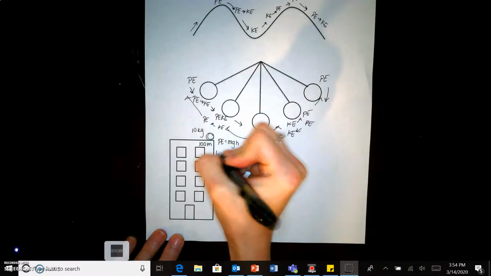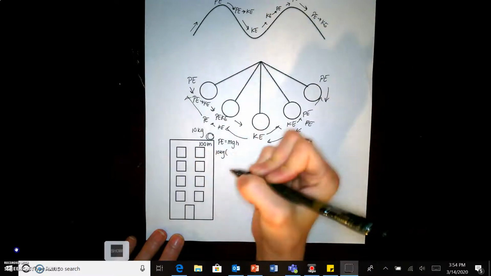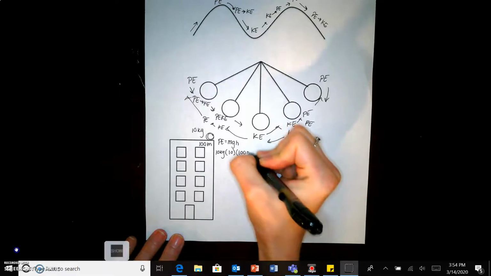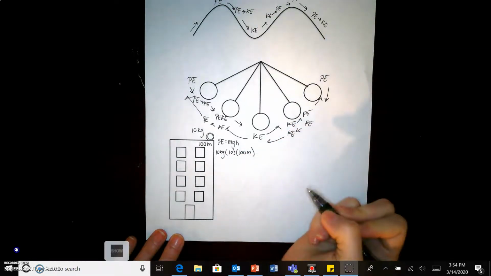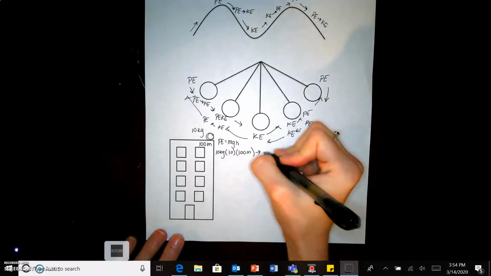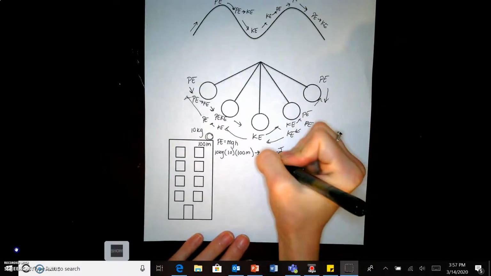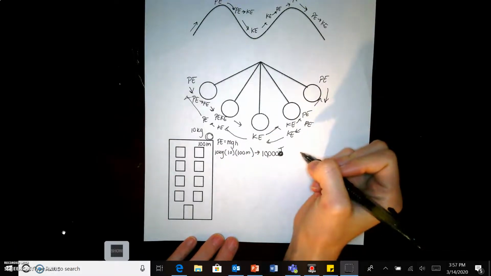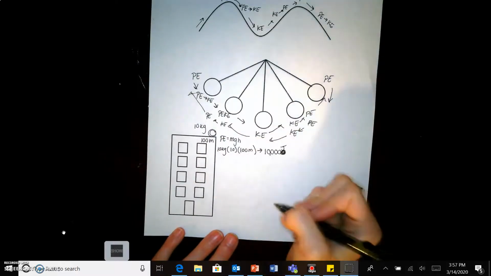So the mass of the ball is 10 kilograms. That gravity again is always 10, and the height would be 100 meters. So we're going to multiply all those together to get 100 times 100 to get 10,000 joules. So we have potential energy of 10,000 joules at the very top of the building.